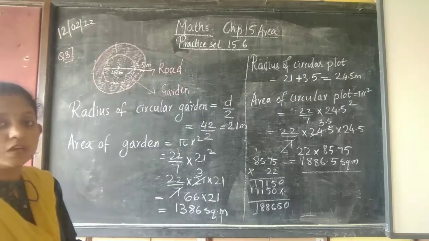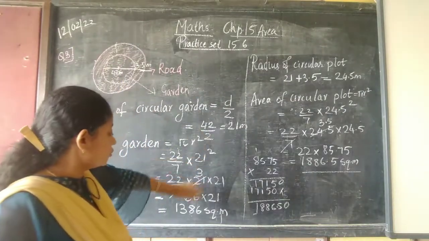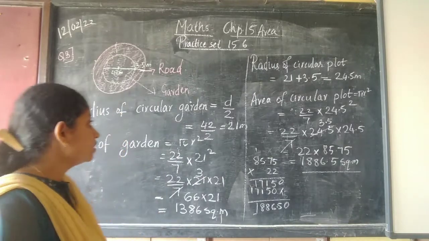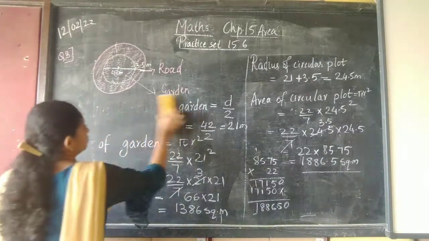Okay. From that, only garden is how much? 1386. So only road will be how much area? So you are going to subtract. So how you are going to do it?